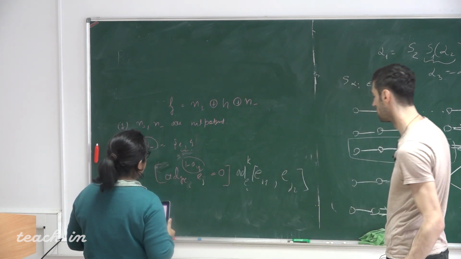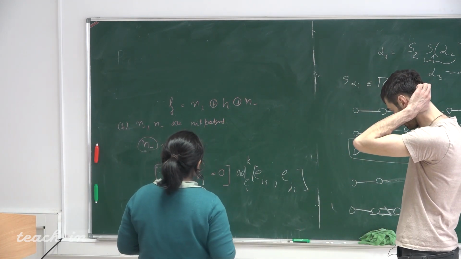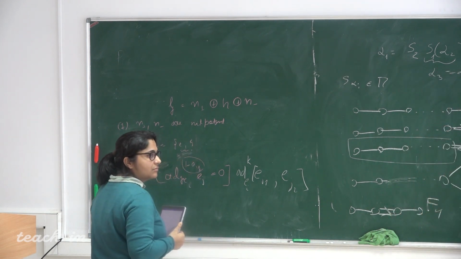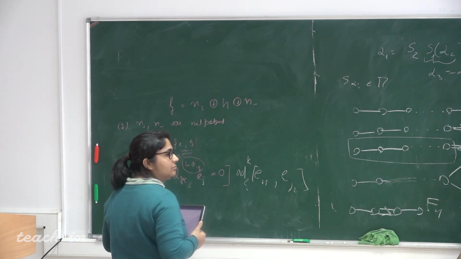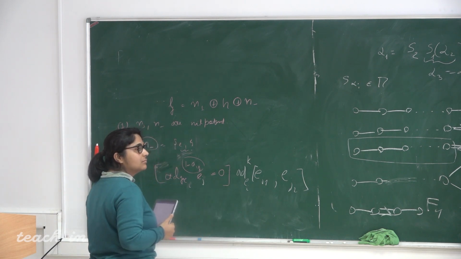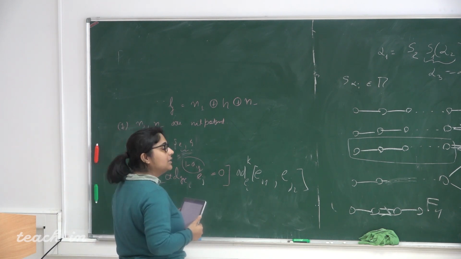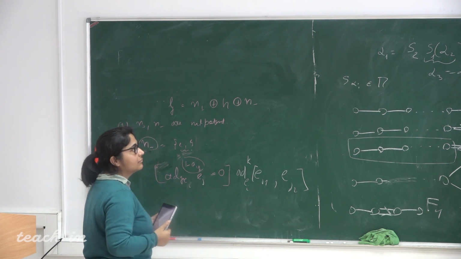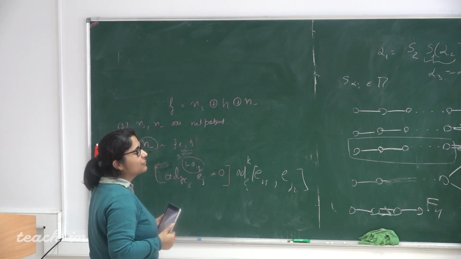We proved that this commutator also belongs to n minus or n plus: if the elements were initially in n minus, then their commutator is still in n minus. Sure, I don't object to that.